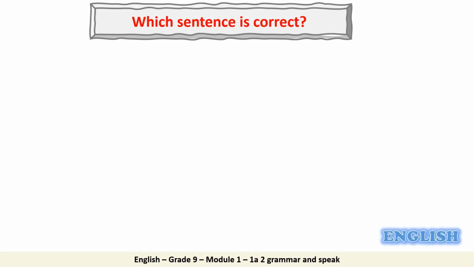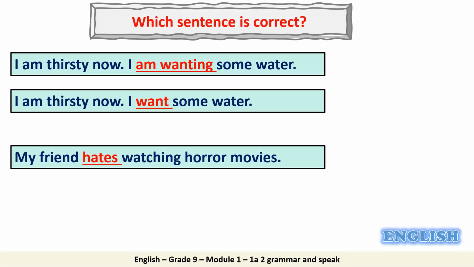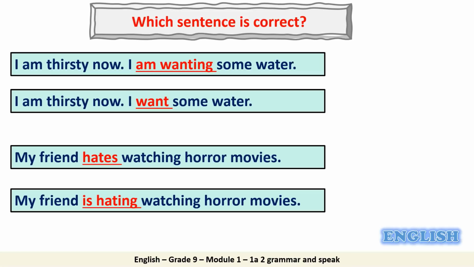Let's practice more. Which sentence is correct? I'm thirsty now. I am wanting some water. I'm thirsty now. I want some water. Study and decide.